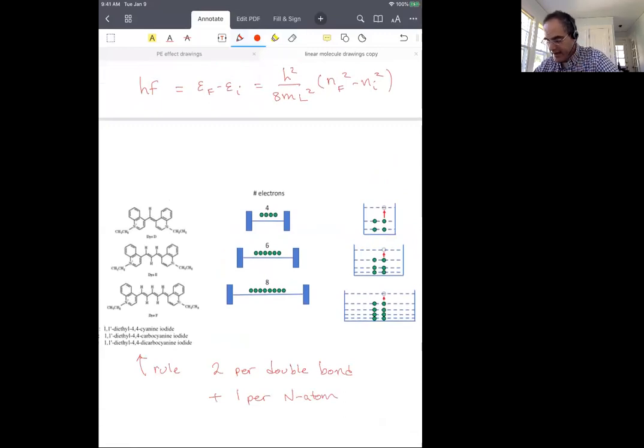And so following that rule, we get 2 plus 1 plus 1, or 4 electrons in di-D molecules in the first group, 6 electrons in the next one, and 8 electrons in the final one.